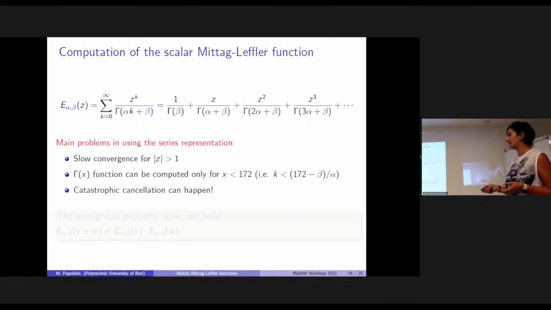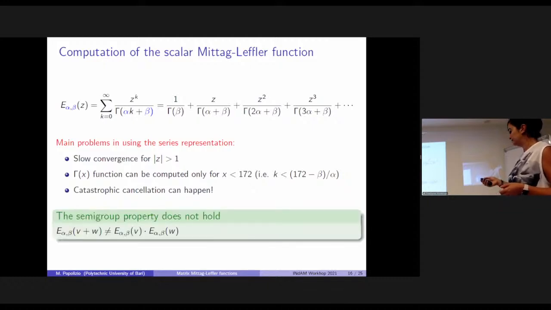But on the other hand, we have this problem with the gamma function, and Fabio also discussed in some way this behavior. And for our machine, actually, this was the largest value admitted, and so catastrophic cancellation can happen, and so this approach cannot be used in general.